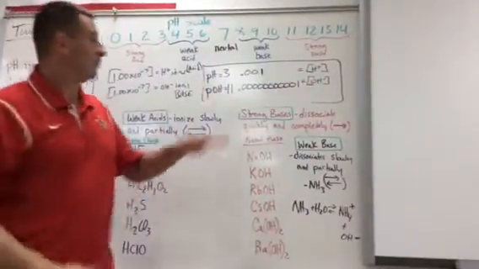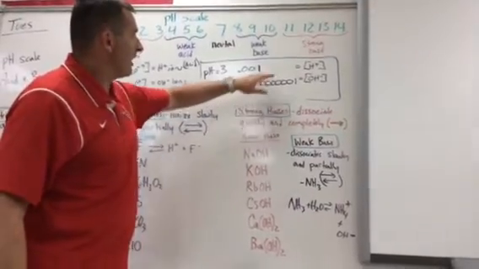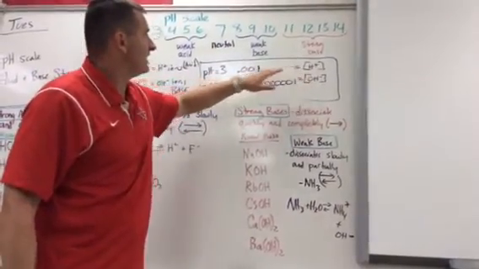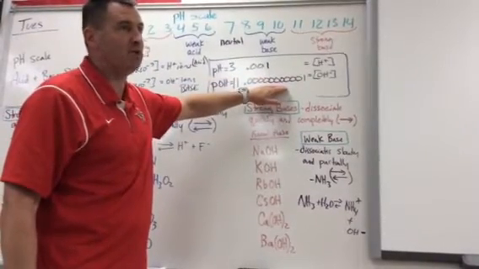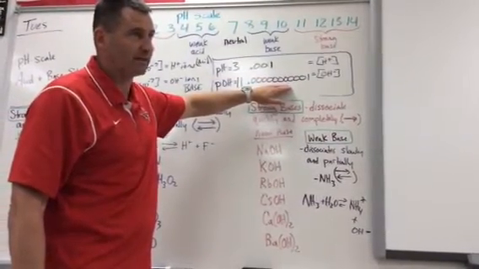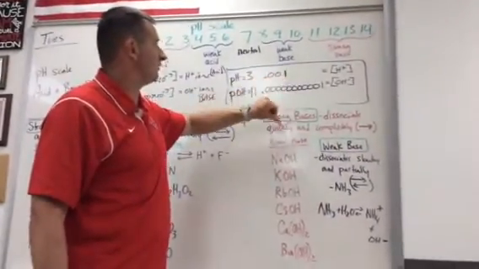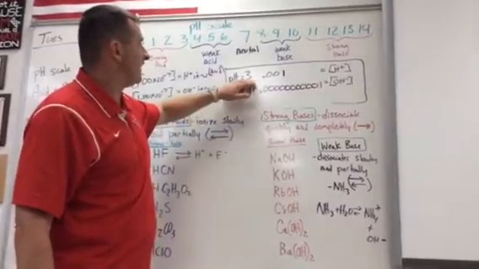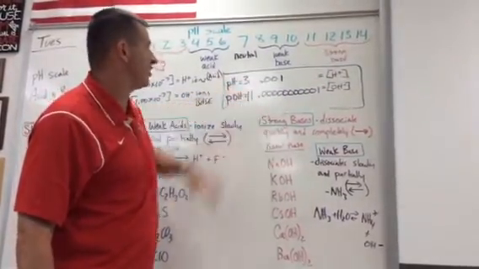When you look at that, you can see that the H plus concentration is a lot more than the OH concentration. It's 800 million times more. That's a lot. So my point is there is a lot more H plus concentration in there than there is OH minus, and so that is a strong acid.